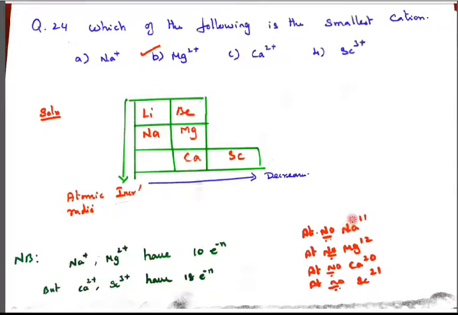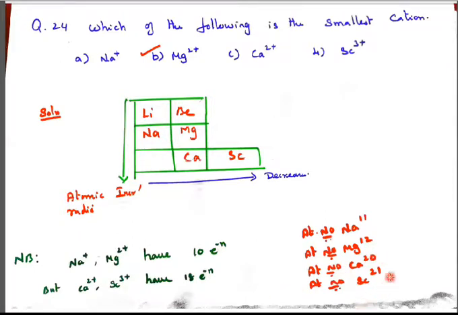Sodium atomic number is 11. Na plus means losing 1 electron, becomes 10 electrons. Magnesium atomic number is 12. Mg2 plus means losing 2 electrons, so it has 10 electrons. So sodium plus and Mg2 plus have 10 electrons. Next, calcium atomic number is 20; after losing 2 electrons, it has 18 electrons.